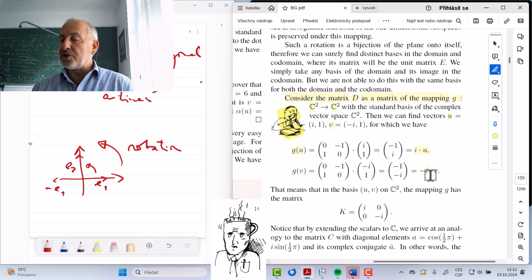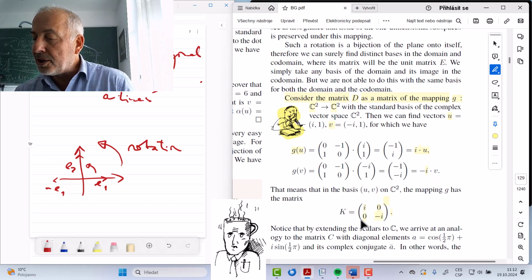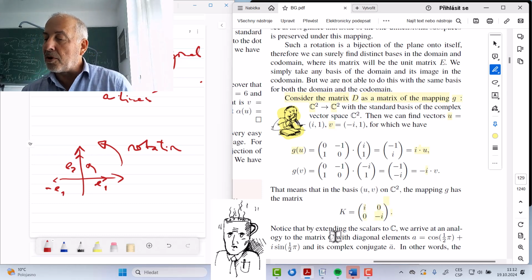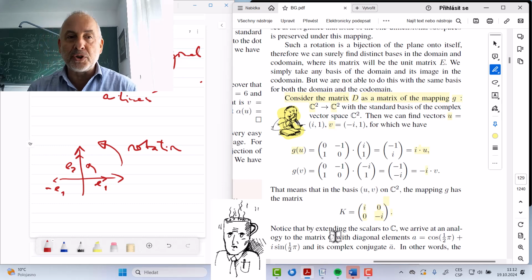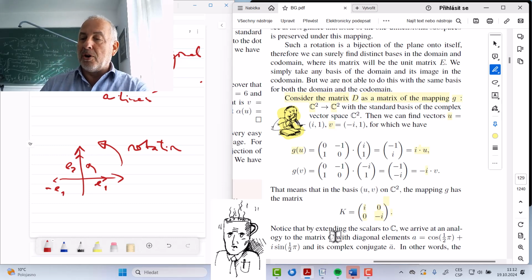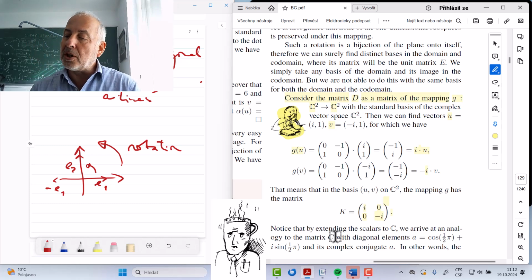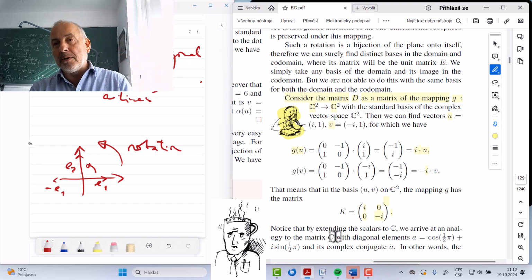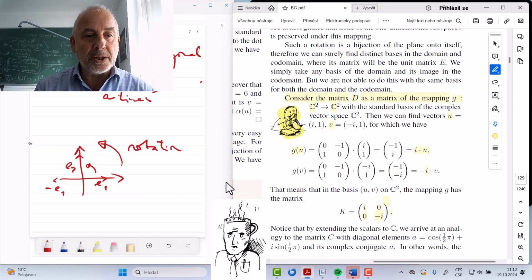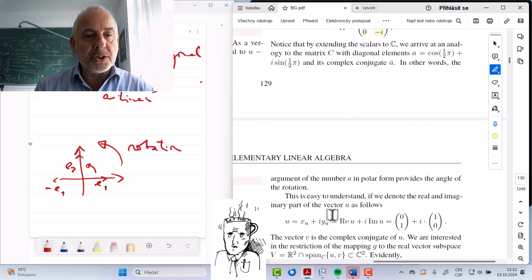And we can understand in a very short time, just following this video, why this happens and what's special of these kinds of mappings which allow for a base where you have a diagonal matrix, but not in the reals, but in the complex scalars. Well, let's go on.